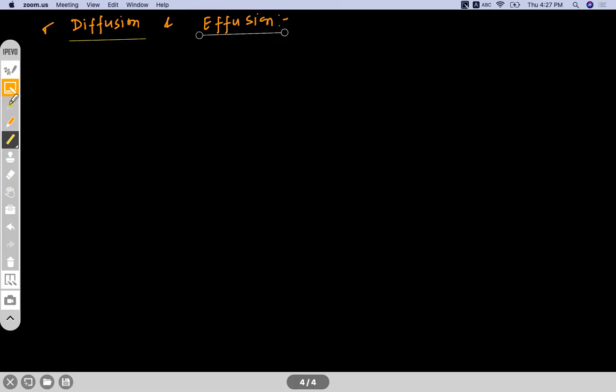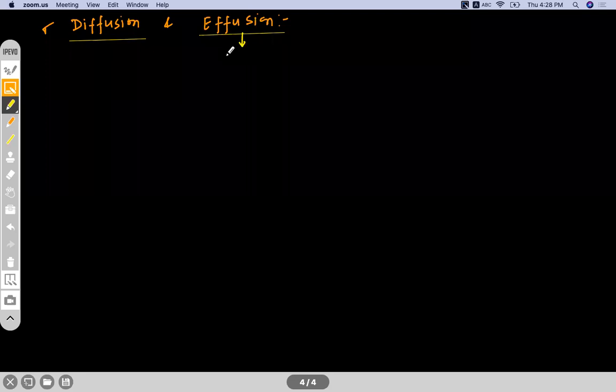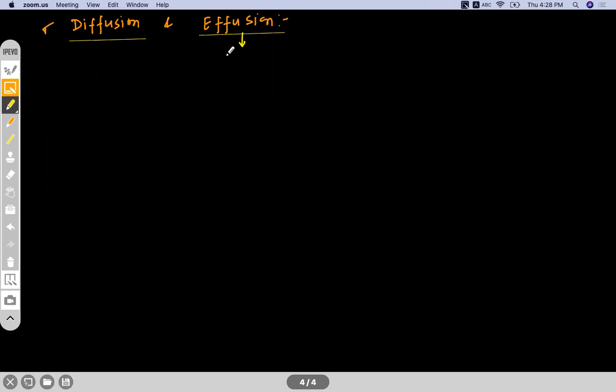First of all, effusion is the leaking of gas, right? Like the puncture, or when the football bladder bursts, right? Okay. So effusion is what?